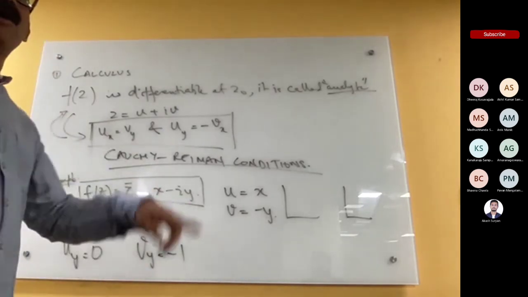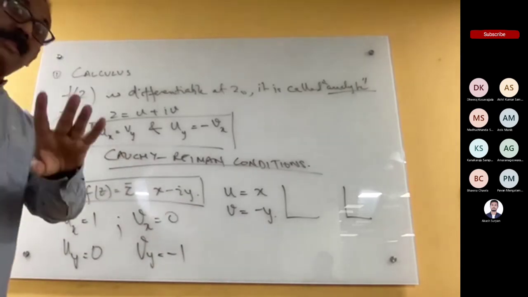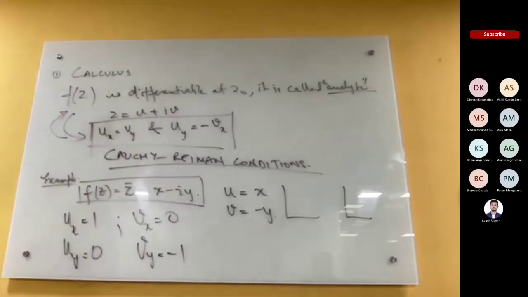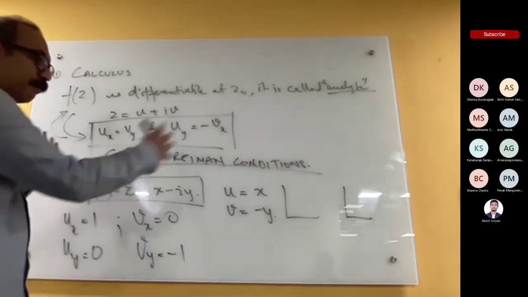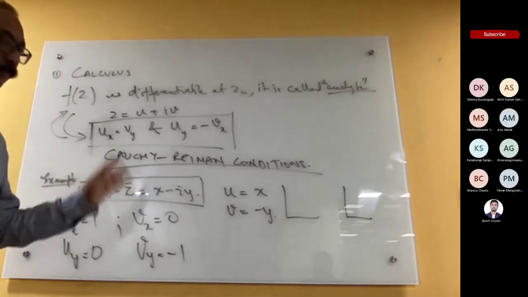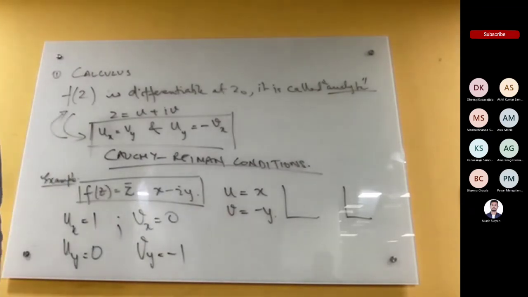For this example, that will not hold true. The directional derivative will still exist in every direction, but it will not be the same, and hence it is not analytic, which is a very particular attribute of dealing with complex number differentiation as compared to real number differentiation. This is the only thing which is different. Other than that, everything else will be the same. But this one different thing is very, very useful for us.